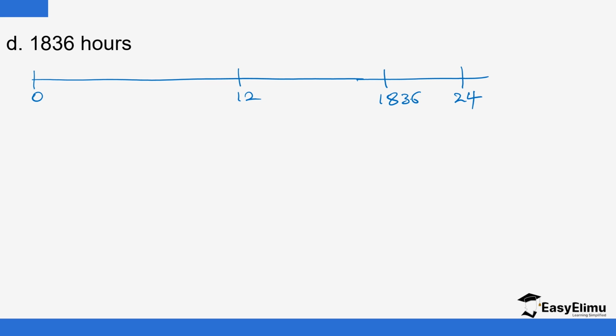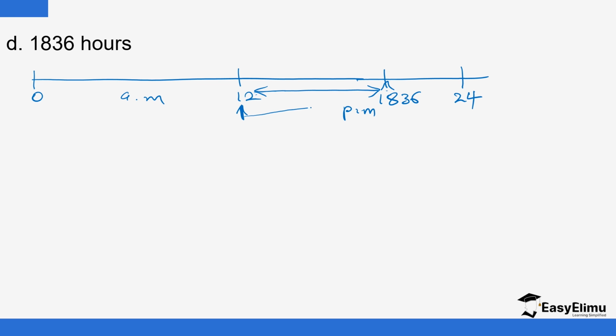The same applies to this. We have this ranging from 0 to 12, and then this goes up to 24, but this is at 18:36. So how many hours in between? Remember, the first half is AM, the second half is PM. But now, how many hours from noon to this time? The first half ends here.